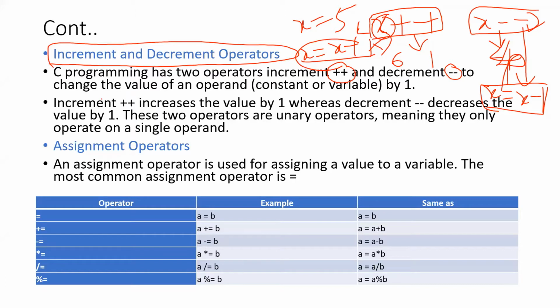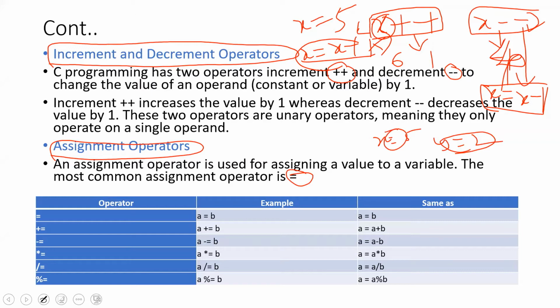C programming has one more set of operators, the assignment operators. An assignment operator generally is the equal operator, which is used to assign a value, like x = 5 or y = 2.